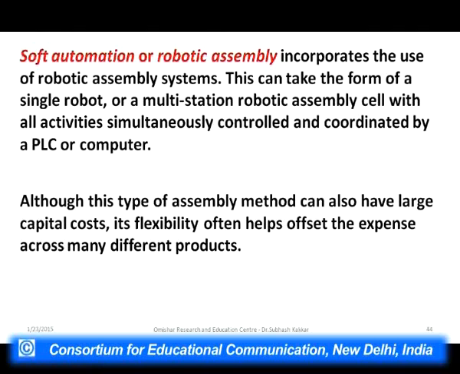Here in soft automation where we are using robots, this system of robots can be used for a number of products and the cost can be spread over the number of products, and it becomes a slightly cheaper operation when we use robots for assembling the products.